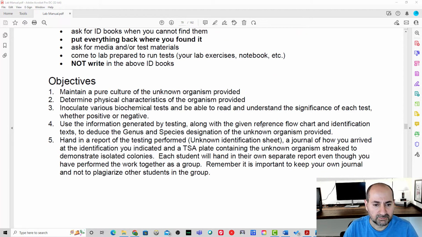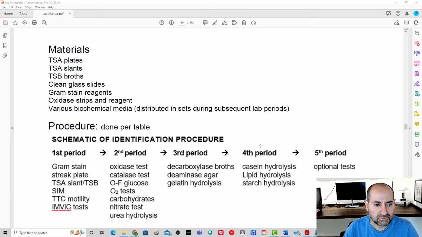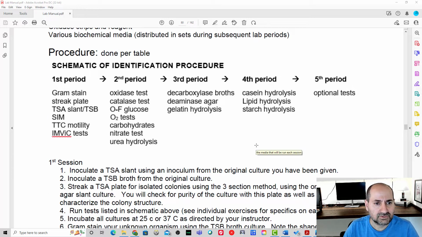That's what enteric bacteria means. And remember, we did a number of tests over several class periods to identify the unknown. So be familiar with all of these tests listed here. Let's go through a few, starting with the IMViC tests, which include the SIM test. Let's go ahead and talk about those.